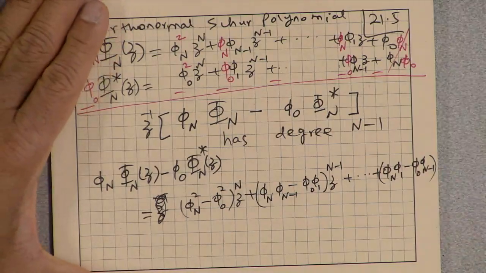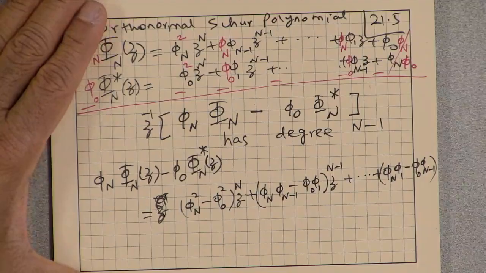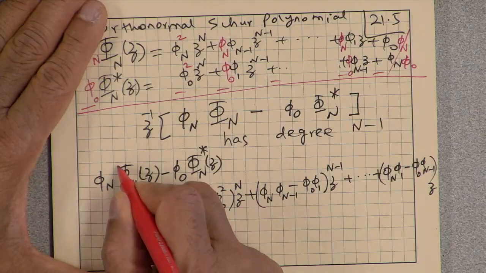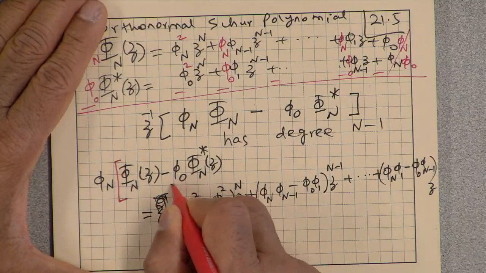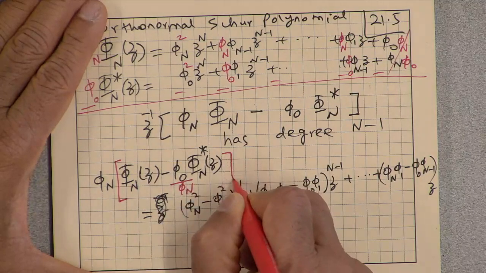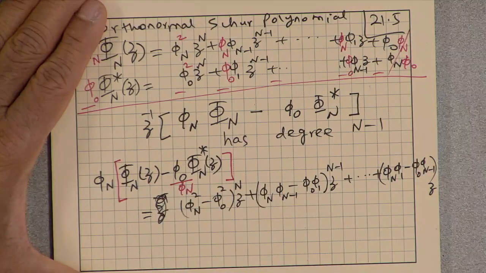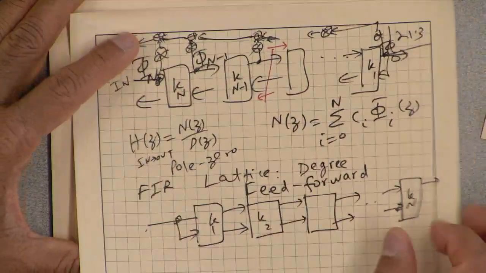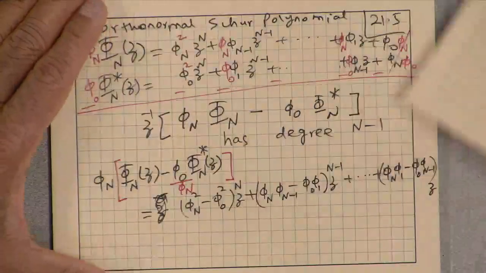Okay, so now there is a factor of z here. So now if I take phi n outside the bracket, I can write this as phi n outside the bracket, and then this phi 0 by phi n. So phi n is taken outside the bracket, and we'll see in a minute why we do that. The reason we are doing that is because the k coefficients we were talking about, these are expressed here.